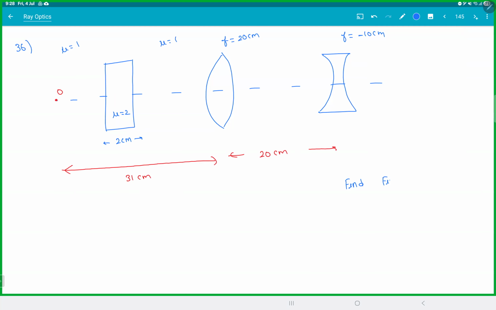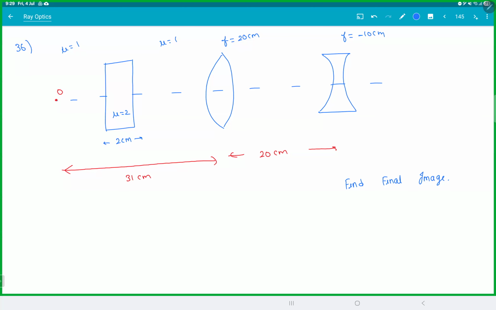Slab, lens 1, lens 2. Hope you remember the slab formula.